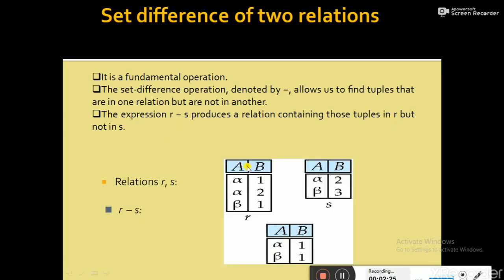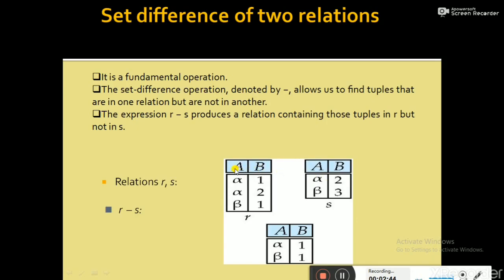So take this example. This is relation r, this is relation s. Now we can perform r minus s, where r and s are of the same arity, meaning they have the same number of attributes.